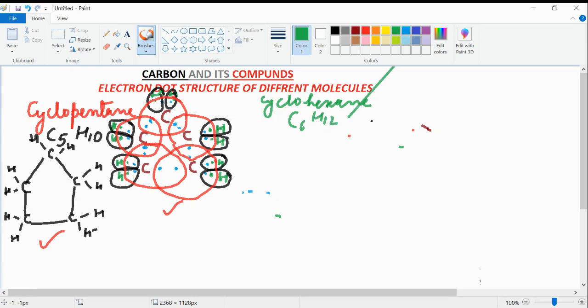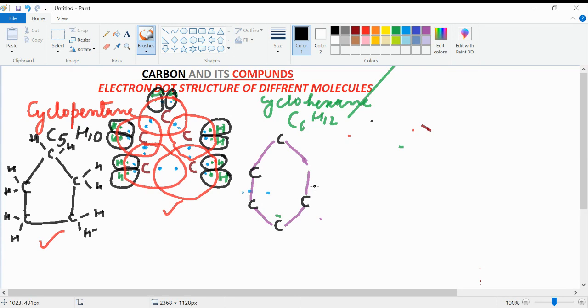And now we will draw this structure. Cyclohexane, hexane means hexagonal shape. So you have to draw a hexagonal shape like this. And these are the carbons.